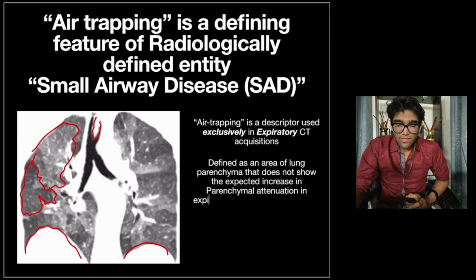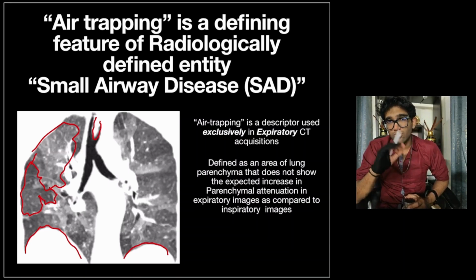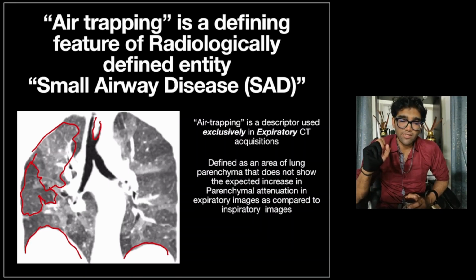So these are areas of the lung parenchyma that do not show the expected increase in parenchymal attenuation in expiratory images. During expiration, as air is expelled from the alveoli, obviously the ratio of air to tissue within a particular voxel of the CT image would decrease.